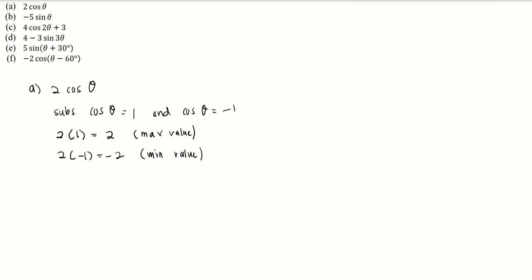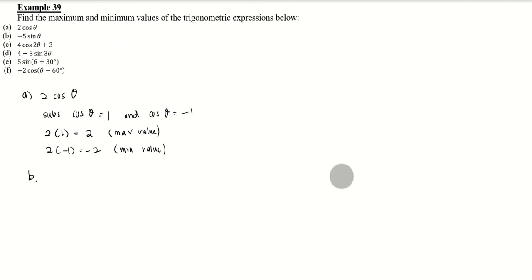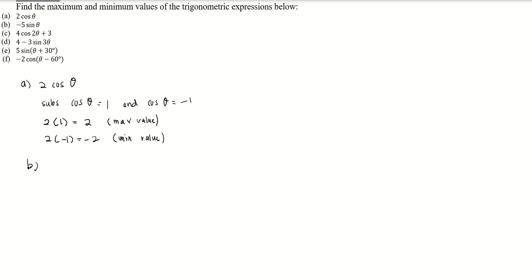Alright, so B is minus 5 sine theta. Alright, so to find maximum and minimum, we just substitute sine theta, okay, just sine theta, depan ni tak payah ambil, start pada sine, theta belakang tu tak kisah apa pun, sine theta by 1 and negative 1.